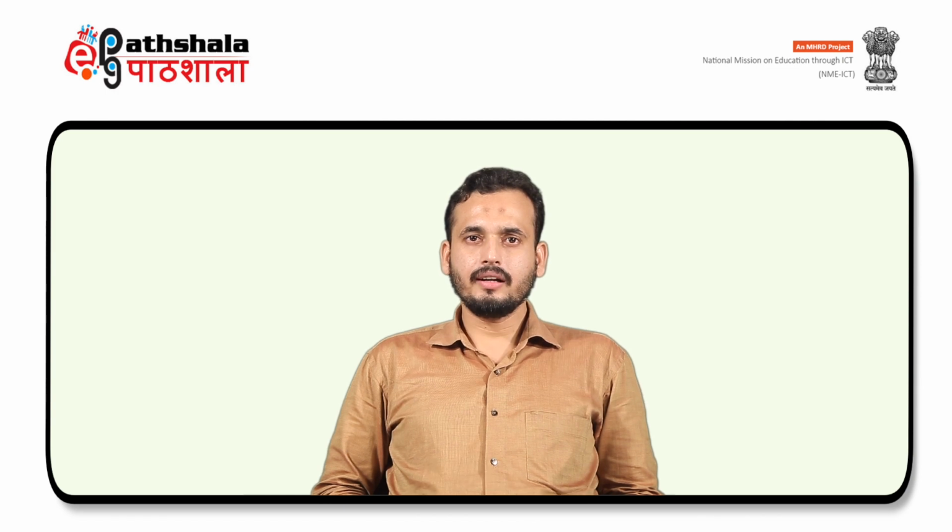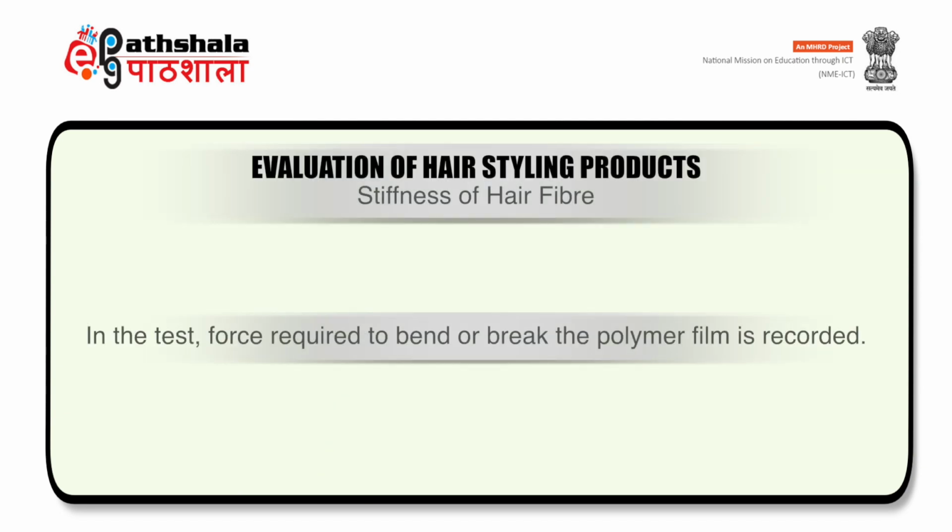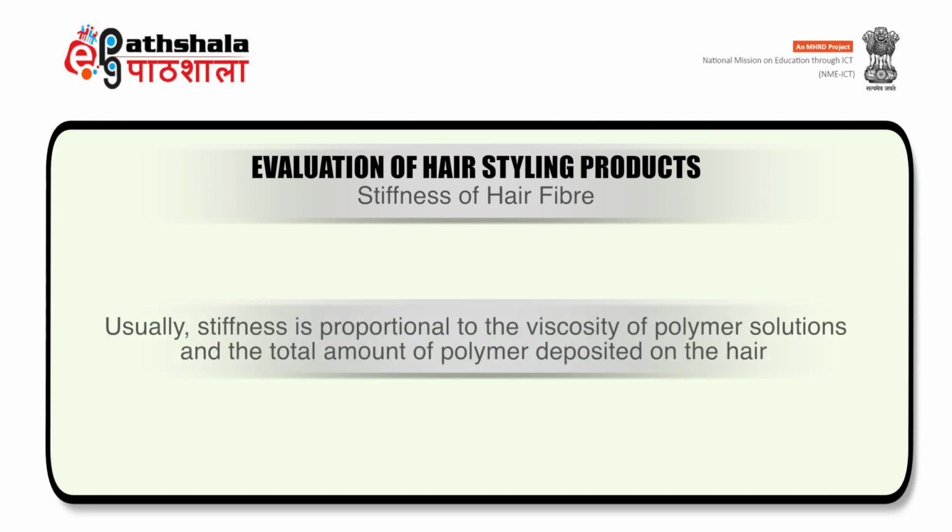After drying, the bending stiffness is measured by fixing the hair trace horizontally on two arms and moving the central arm of the equipment vertically, applying the bending force to the hair trace. In the test, force required to bend or break the polymer film is recorded. Usually, stiffness is proportional to the viscosity of polymer solution and the total amount of polymer deposit on the hair.